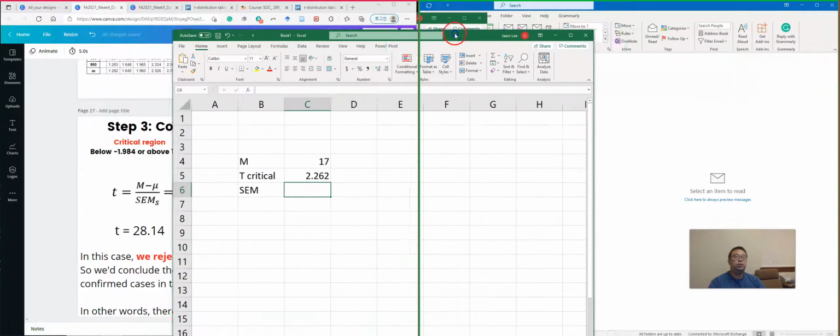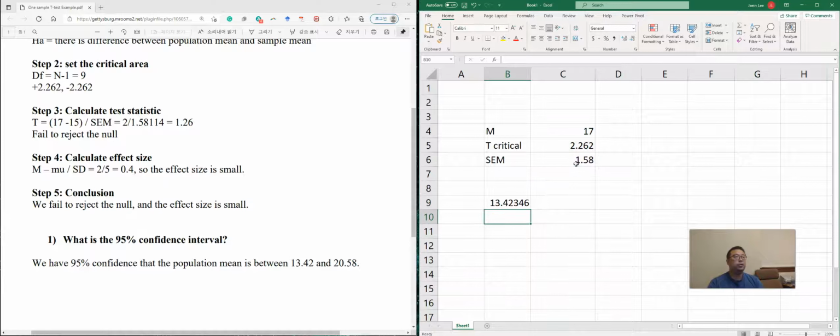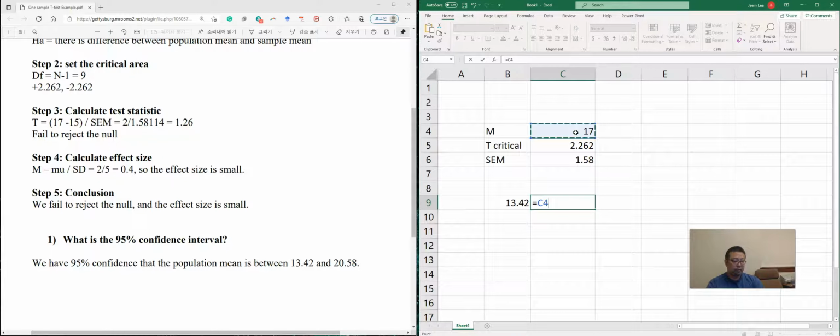So we are using this number, the mean minus t critical multiplied by sampling error, based on the equation. So we can find this number. Maybe we can decrease the decimal places again. And also, the mean plus t critical multiplied by sampling error.